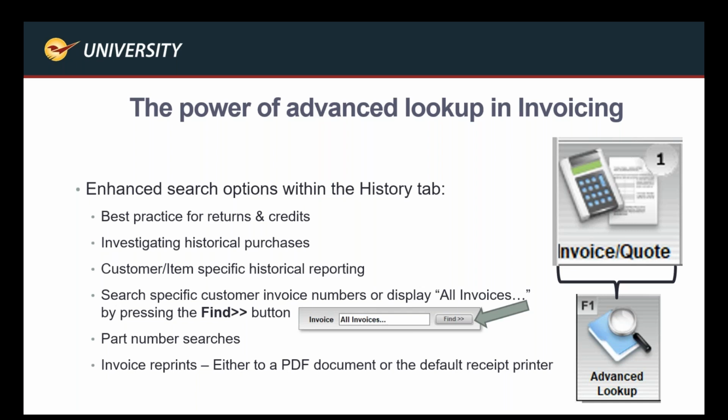There's a history tab in the Advanced Lookup where you can display invoices by customer, which is pretty cool. Also, if you notice on the bottom of the receipts that get printed out in Paladin, there's a barcode. That barcode is essentially an invoice number.